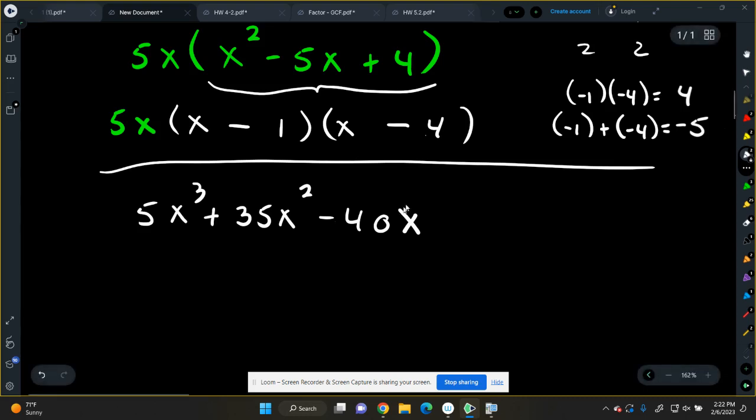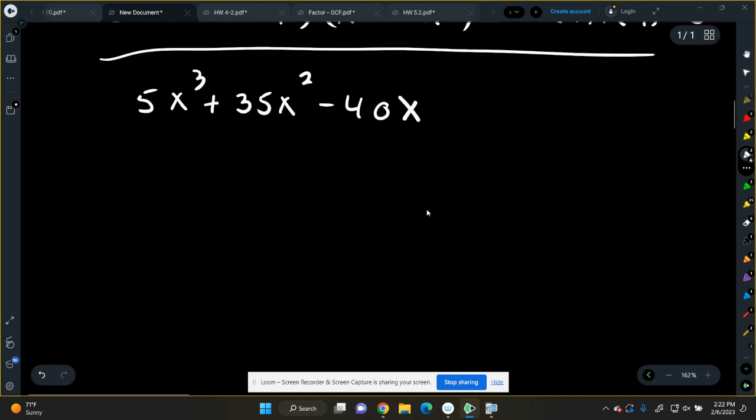So 5, 35, and 40. What can I take out of that? 5. Okay. What else can I take out of this? Lexi, what else can I take out? X. Okay. All right. Let's look at what's left. Dominic, what's left?